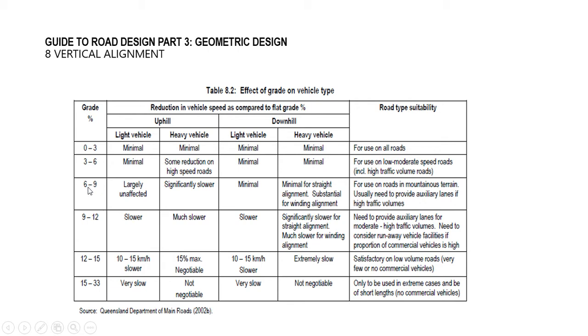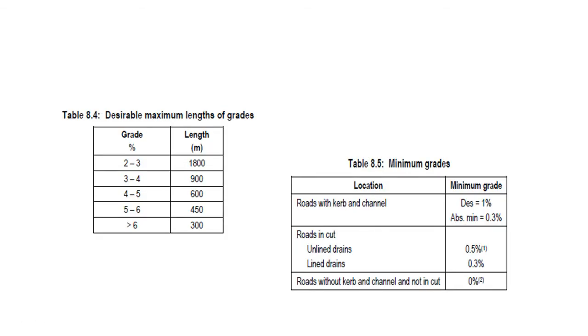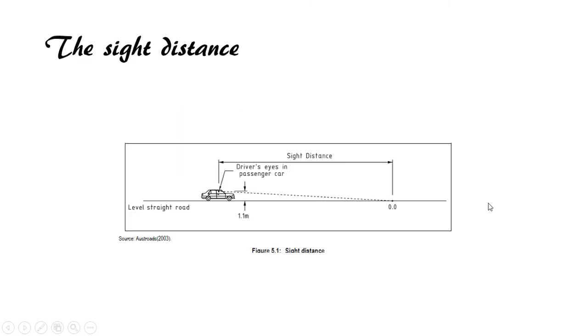Try not to have a grade of more than 9%. The desirable maximum length per grade is provided here. Minimum grade is for drainage. At least a desirable 1% grade is required.